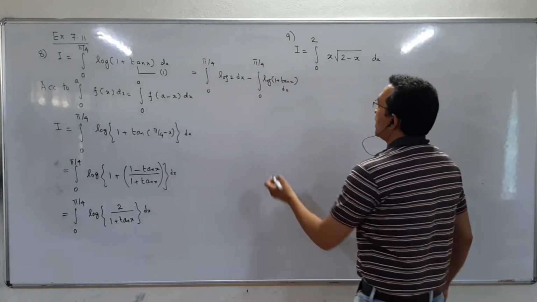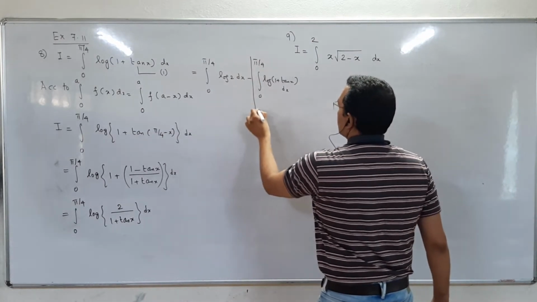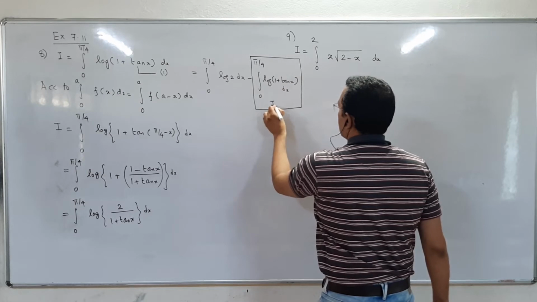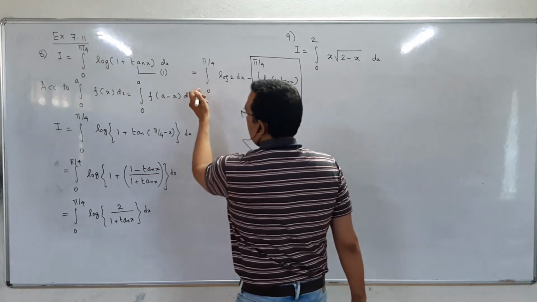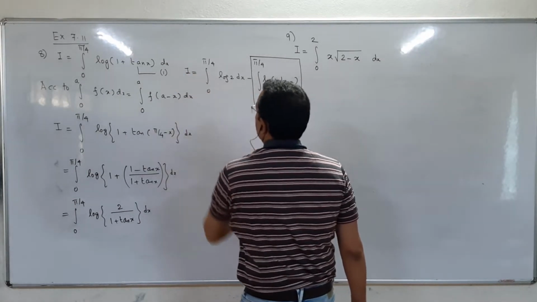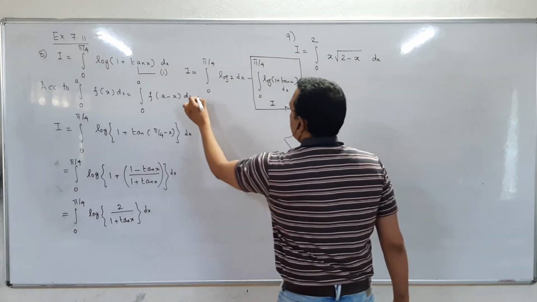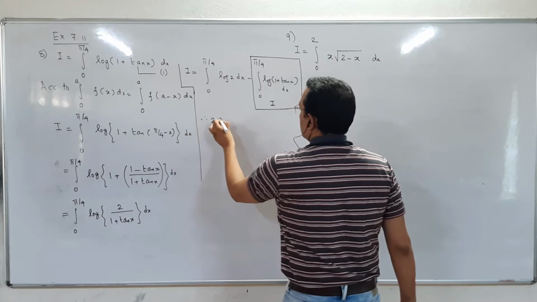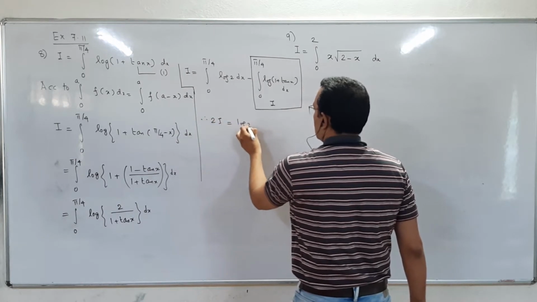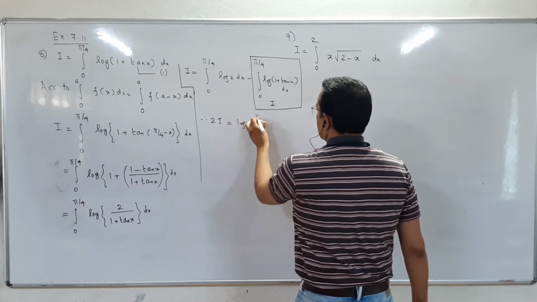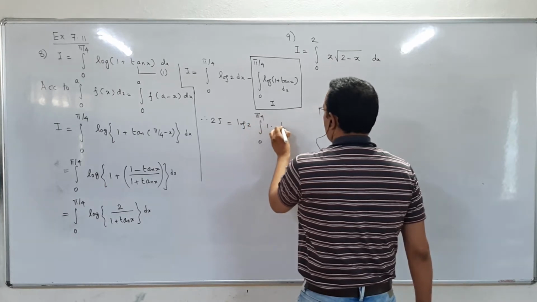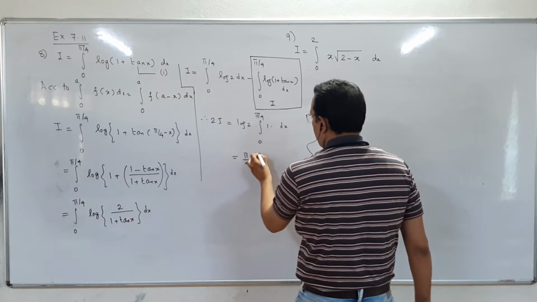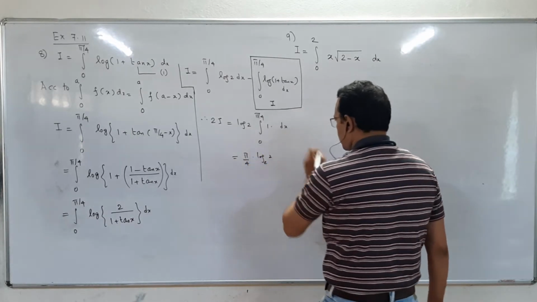Now, this value is nothing but I, and on the left hand side also we have I. So I plus I, twice I is equal to log 2 times integration 0 to pi by 4 of 1 dx, which is x. So it is pi by 4 into log 2.